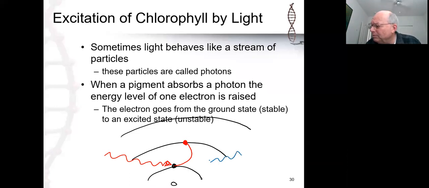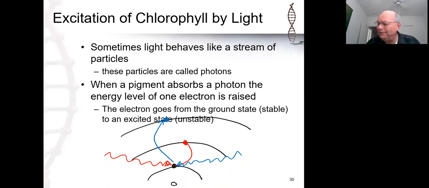so here's a photon of blue light coming in, and that collides with the electron. Well, we know blue light has more energy. So the electron is going to come out here in its excited state. Now, the problem with being in your excited state is you don't want to be there. You want to come down back to your resting state or ground state.